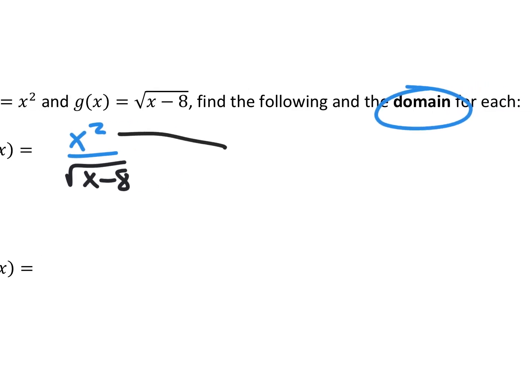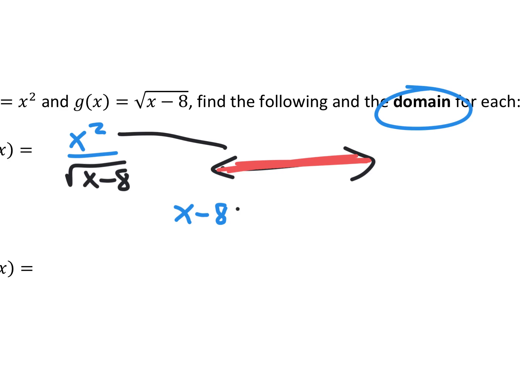The top tells me that everything works because there's no square roots to worry about. Everything works, except the bottom punches some holes in it. In this case, the bottom has all kinds of rules. It can't be 0, and it can't be negative because you're square rooting something. So x minus 8 has to be positive. It can't be negative, and it can't be 0.